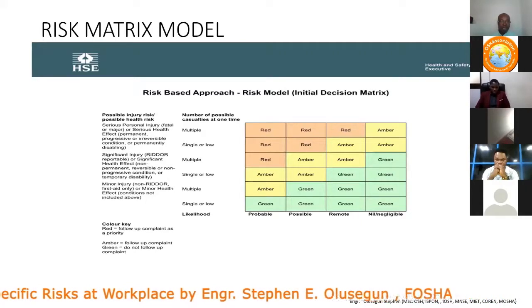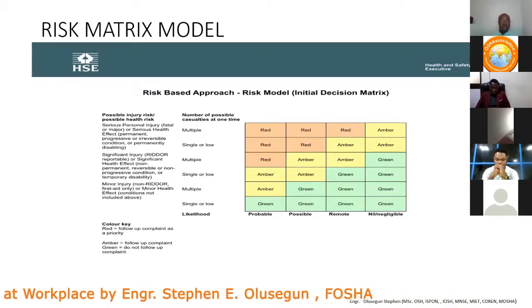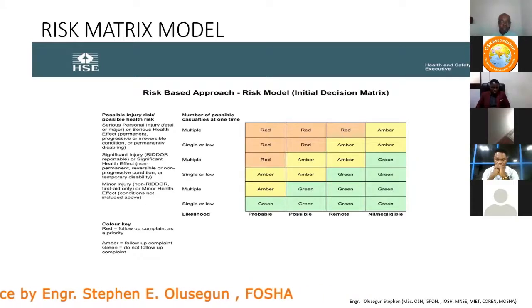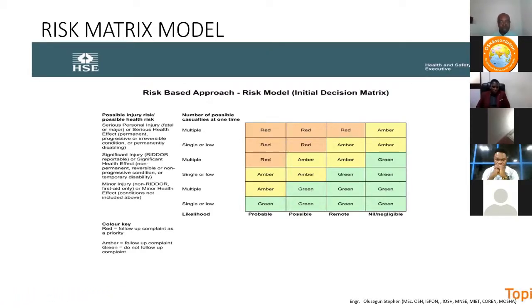And when you say significant injury, well, where a reporting system is available, such a kind of hazard, a kind of injury or kind of a thing that happened has to be reported. That means it has a significant health effect on the people.